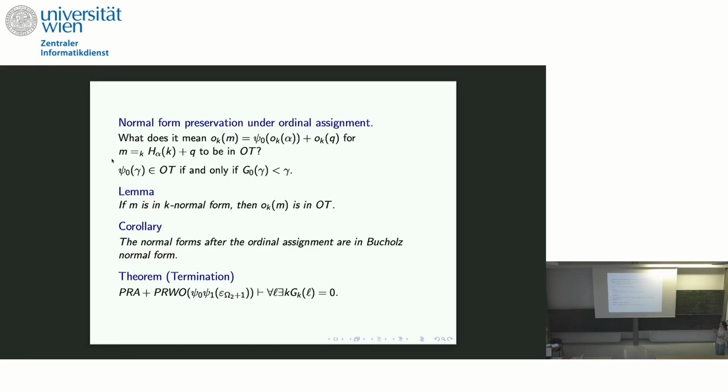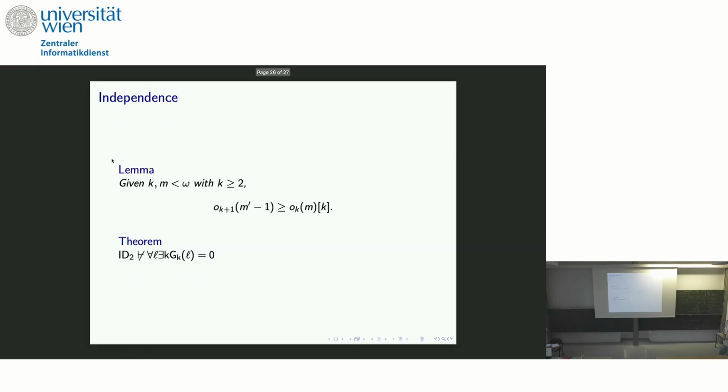And as a corollary, we can obtain that the ordinal assignment is a combination, almost as an observation, just like we did in the base case. In order to prove independence, we needed this.